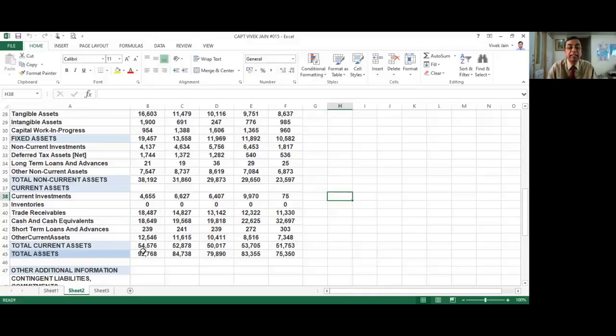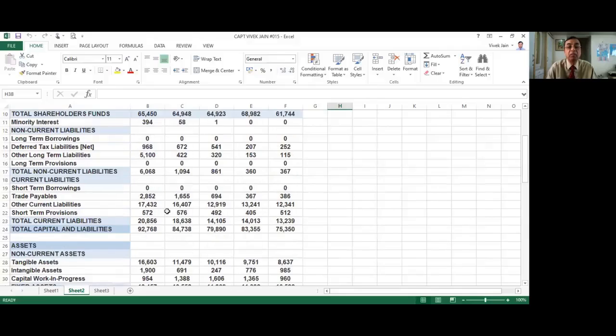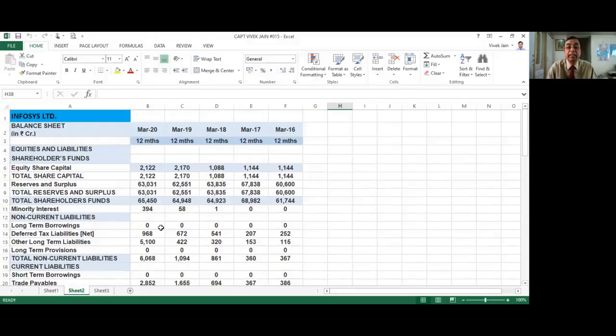So the total current assets comes to 54,576, which totals with the non-current assets and gives you a total of 92,768. Then you have the contingent liabilities column and the bonus equity share capital. This is something remarkable. You can see 2118 out of how much? 2122.